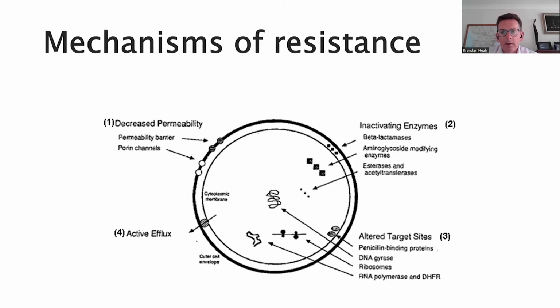And that's why it develops resistance so readily to those agents. But you also have inactivating enzymes, altered target sites, and sometimes pumps which can push antibiotics out. And the Pseudomonads seem to have a number of different ways of overcoming antibiotic assaults.